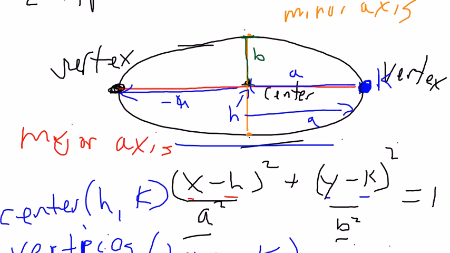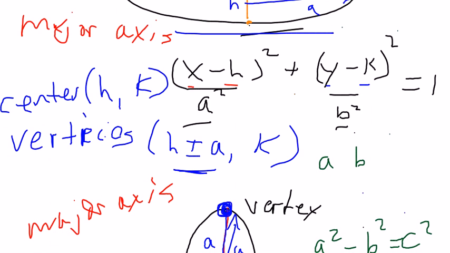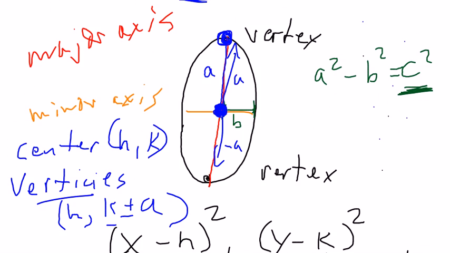So from my center here, and it's right here, not up there. From my center to my focus, we'll put the focus right here. This distance is c. Same thing in this direction would be negative c. You know what? I'm going to wipe this slate clean.